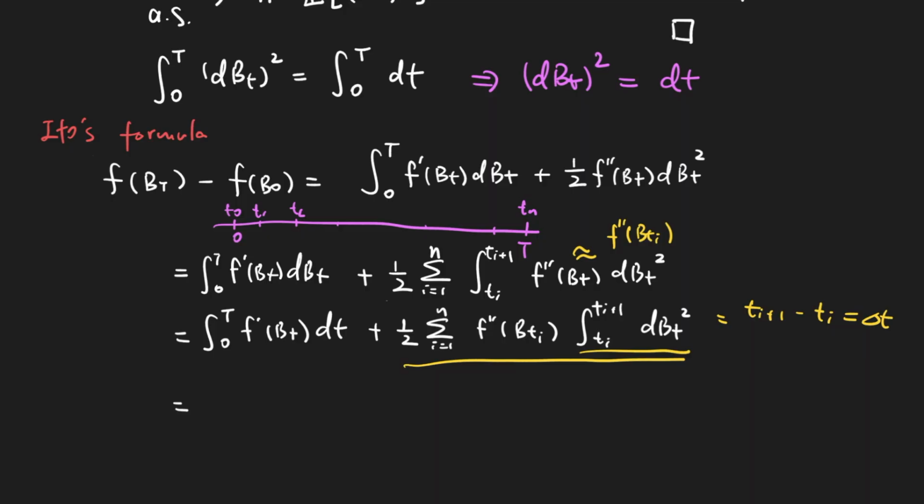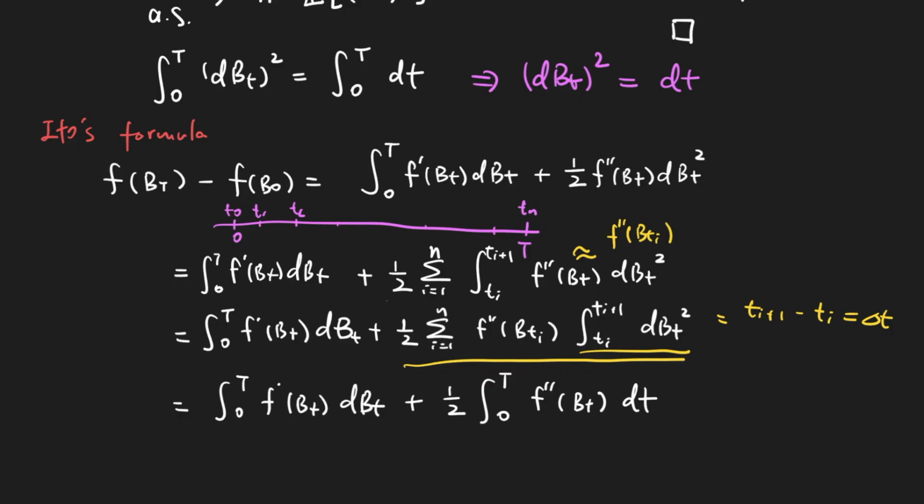So we'll have the integral from 0 to t of f prime of B_t dB_t, plus a half times the integral of the second derivative. Now we have derived Ito's formula.